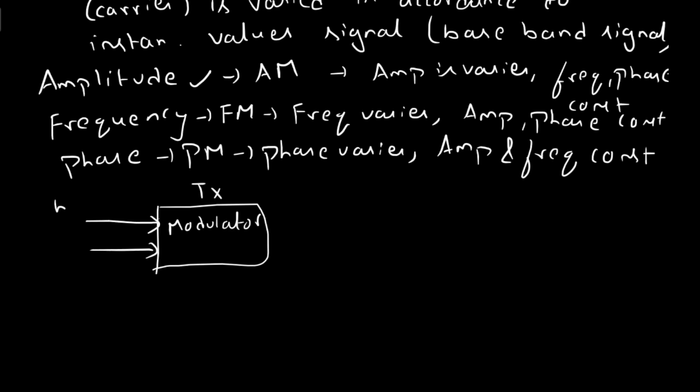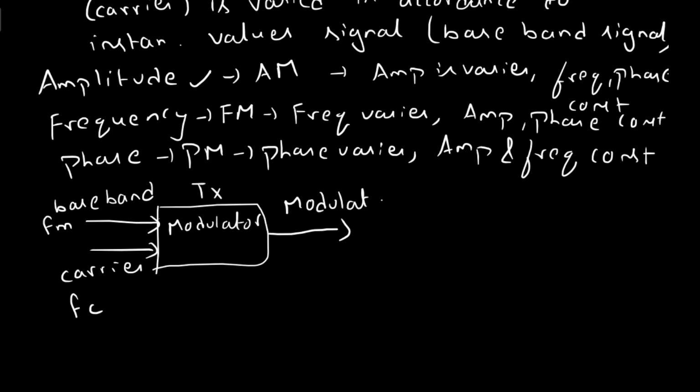One is named as the baseband signal and the other is the carrier. Let us assume the frequency of the baseband signal is FM and the frequency of the carrier is FC. After doing modulation, you get a signal which is named as the modulated signal.